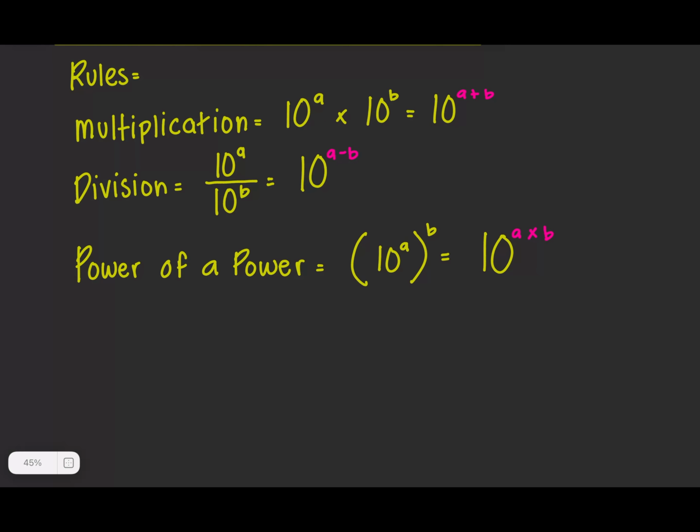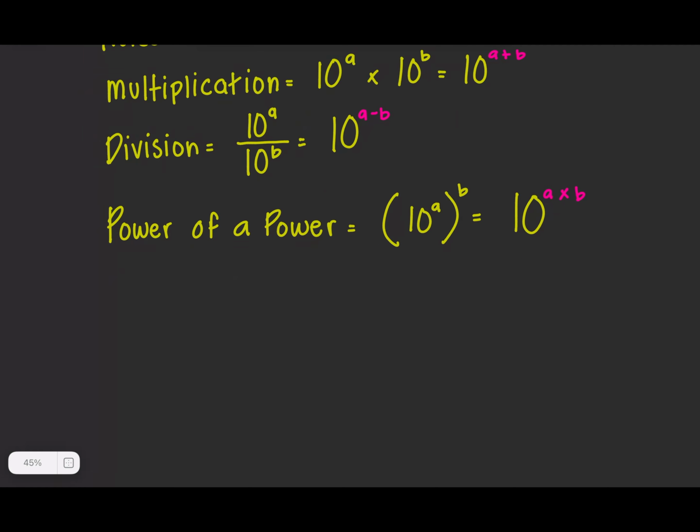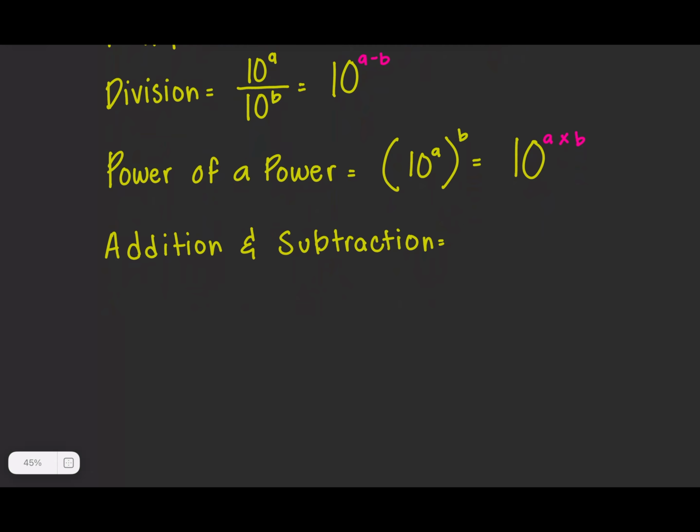So now let's talk about addition and subtraction. This is where you have to be careful. There's no shortcut here. You must convert the numbers to their standard values first. So here we'll use numbers.